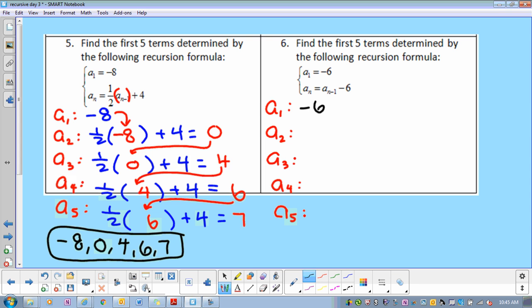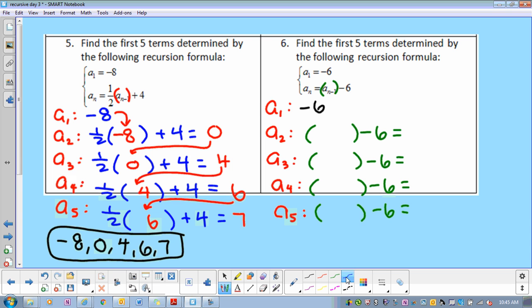We're going to start with -6, right? Oh, and this one's nice because we just have to plug in. All of the other ones we had to multiply, but this one is pretty nice. So let's plug in. -6 minus 6 is what? -12.